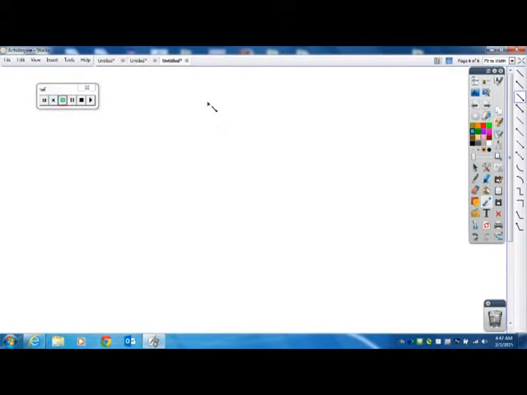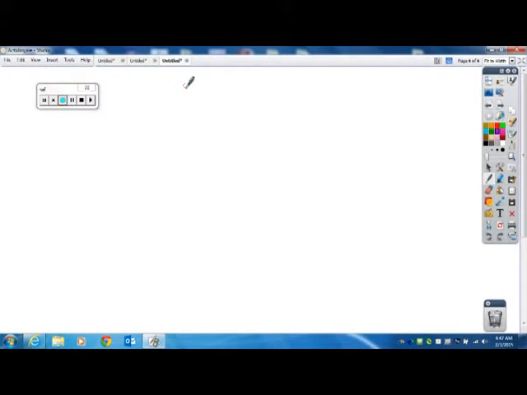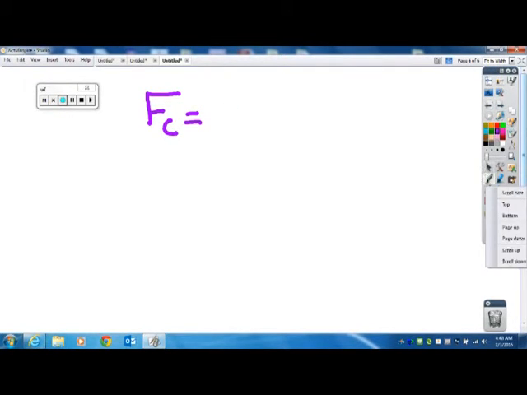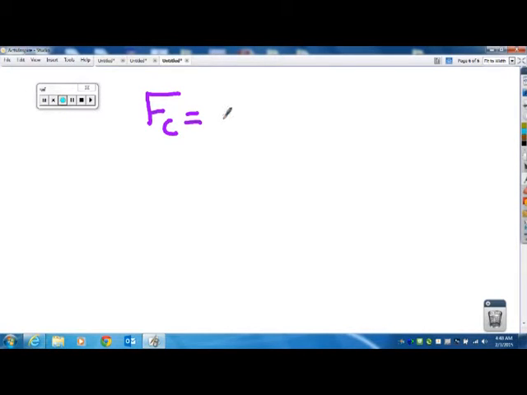So at the top, the equation is going to look like this. You're going to say, well, the two forces that are responsible for my centripetal force, the two forces acting on my object. At the top, the centripetal force is due to my two forces, and both of these forces are pointing down towards the center. So they're pointing downward, so we're going to label both of them negative.